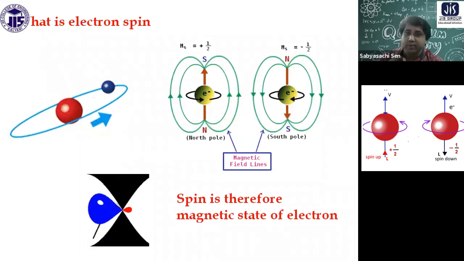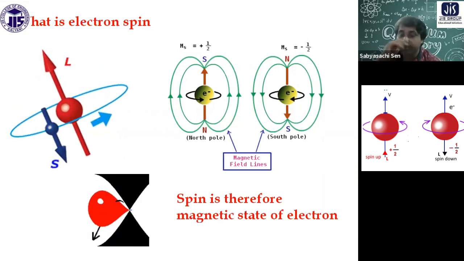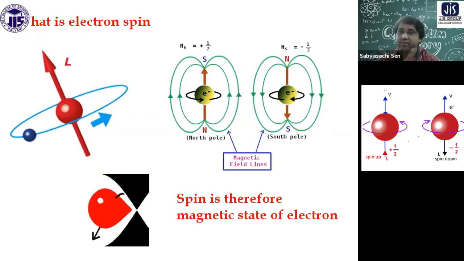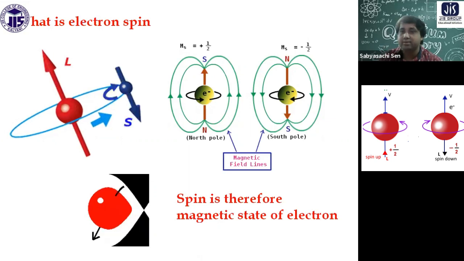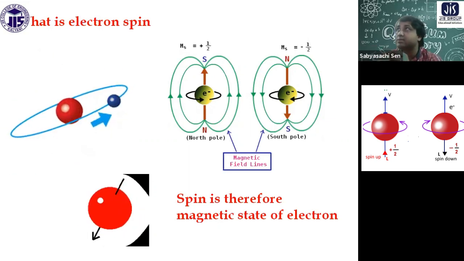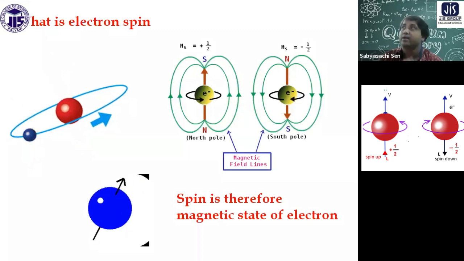That means the spinning motion of the electron, whether it spins like this or this, depending on that, the magnetic state can be different. This is one state, or it moves like this, that is the other magnetic state.